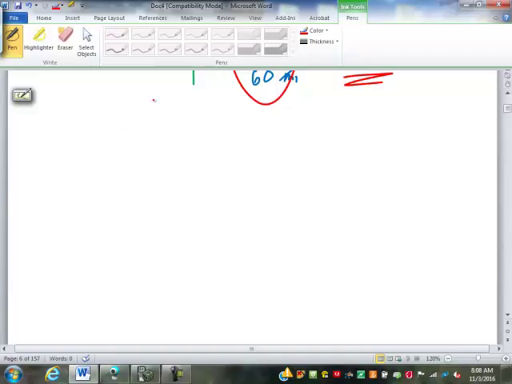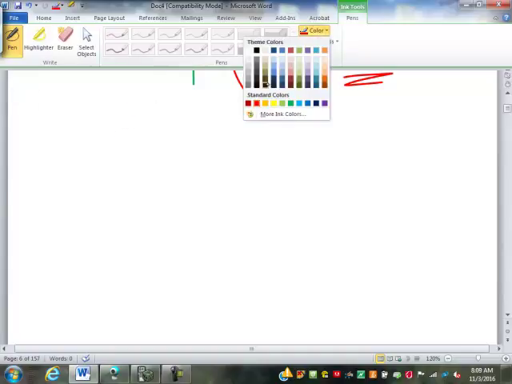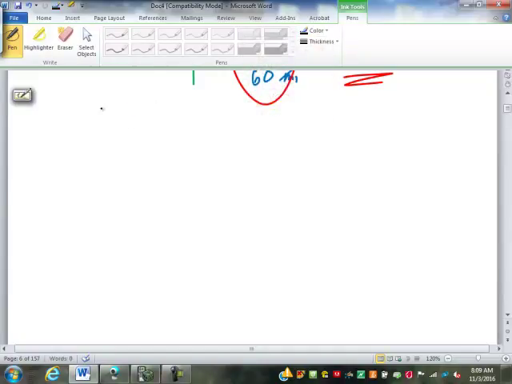Let's say that you're prescribed 80 milligrams of medication, and you look at the label, and it says that it is constituted at, let's say, 25 milligrams in 4 milliliters.